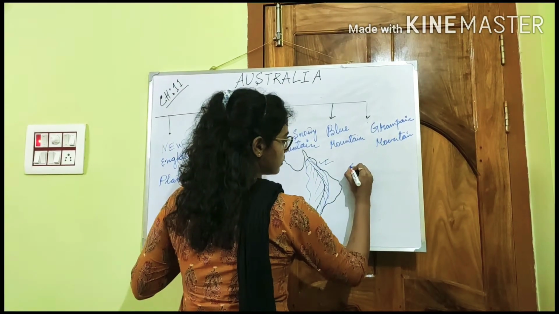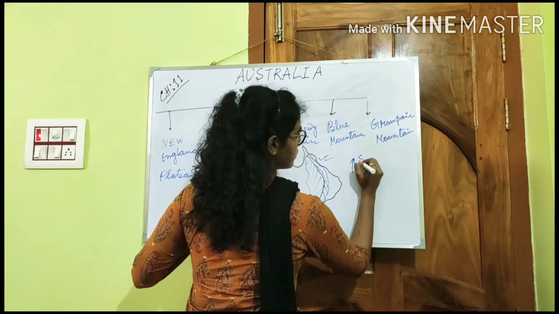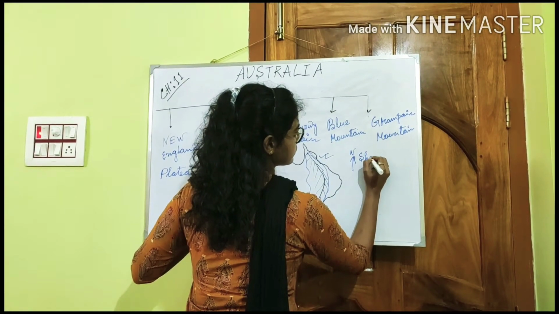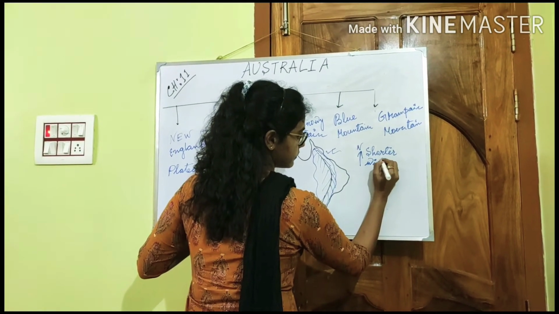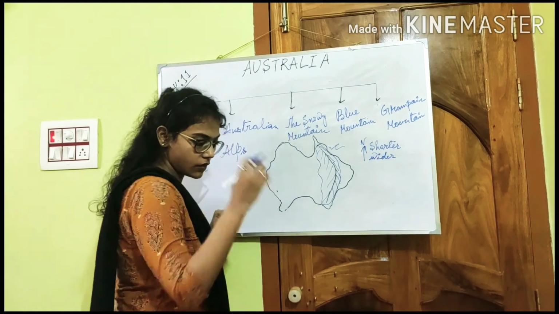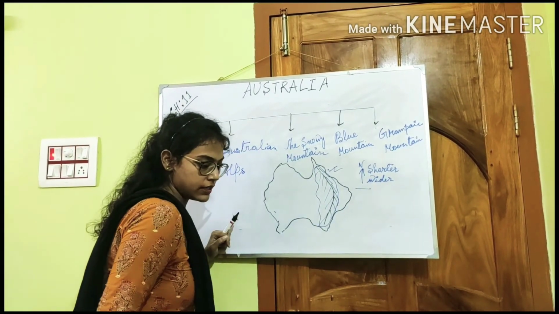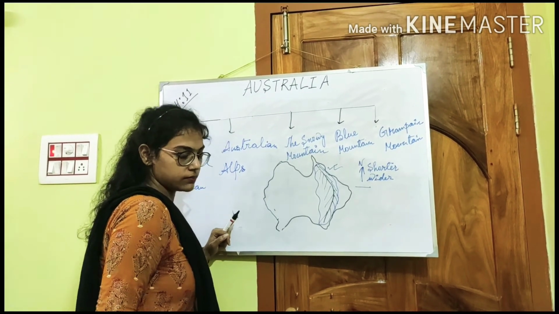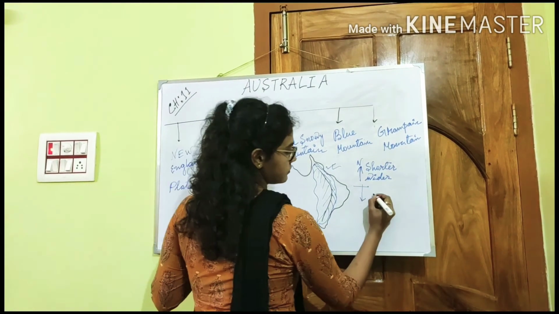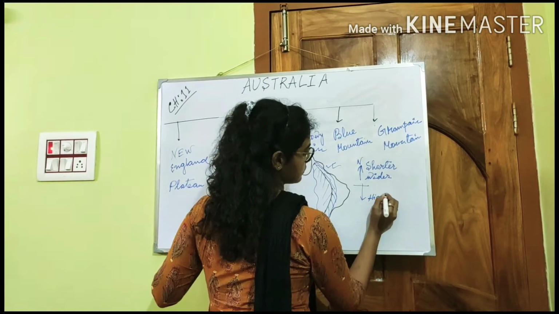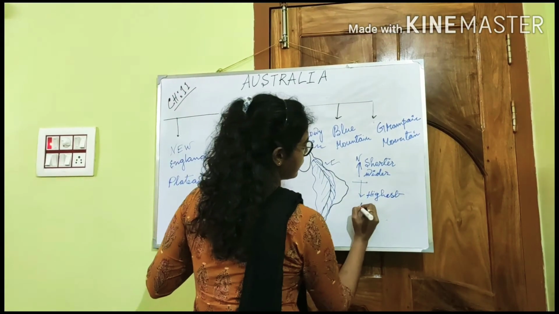In the north, this portion is shorter and wider, and in the south this portion is the highest part and the narrower part.